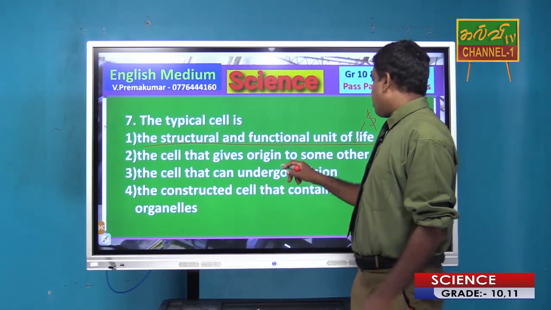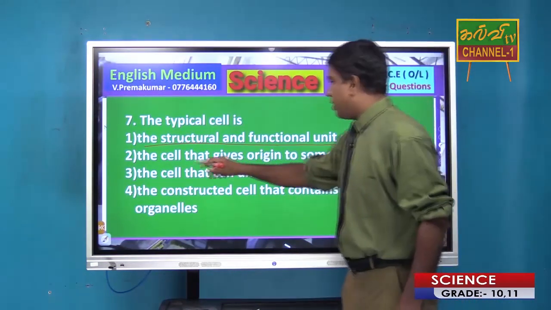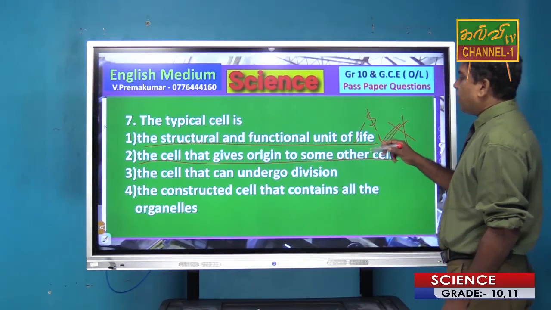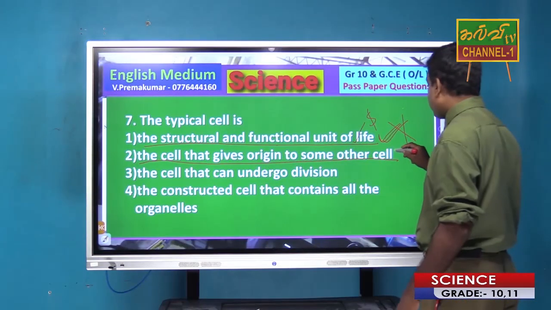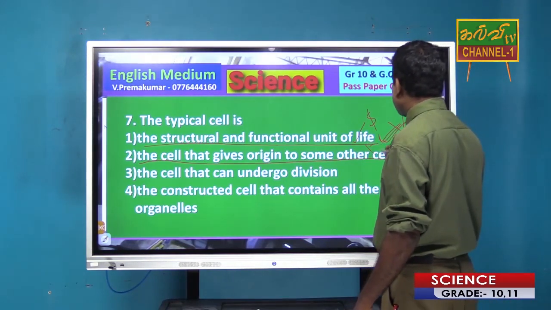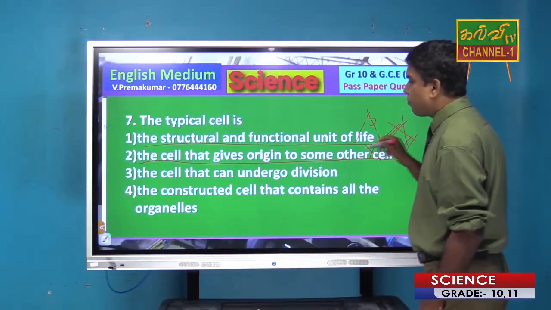The cell that gives origin to some other cells, the previous cells give rise to the new cells. Okay, this is correct, but not the answer for this question.